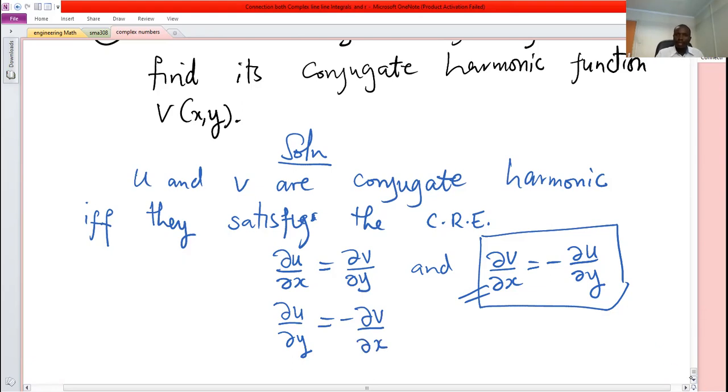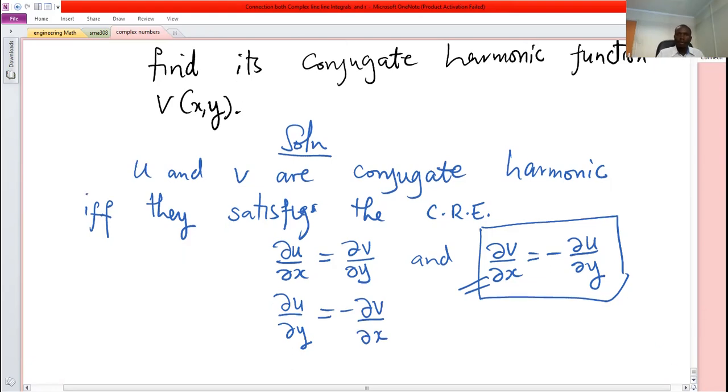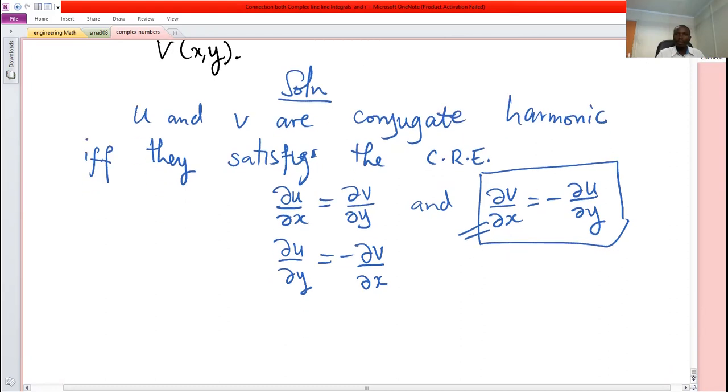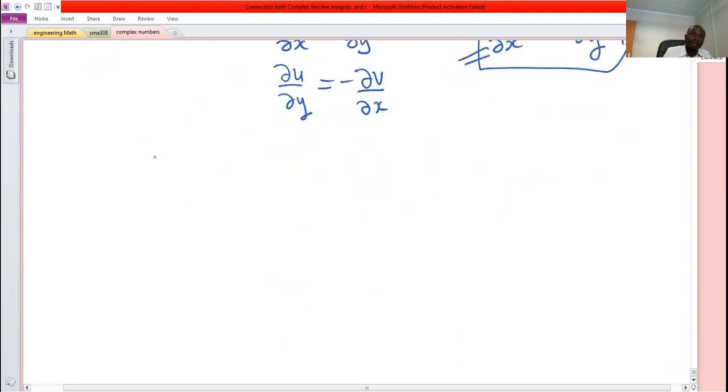So let's get our partial u partial x. So partial u partial x for the function given, which is x squared, we'll have 2x and then minus 2y and then minus 2.